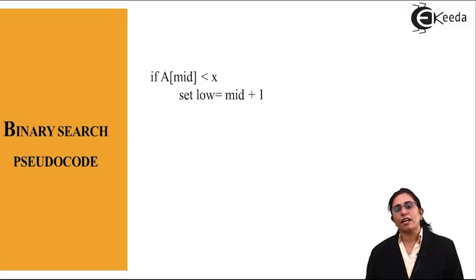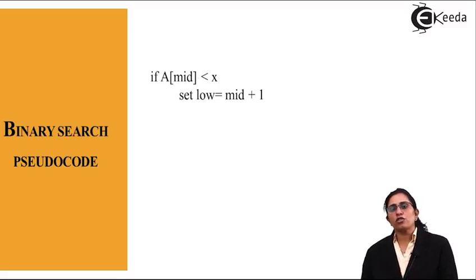So my low becomes mid plus 1. In the example that I had shown, 1, 2, 3, 4, 5, my 3 is mid, and if the element to be searched is on the upper side, then mid plus 1, so my low now becomes 4.